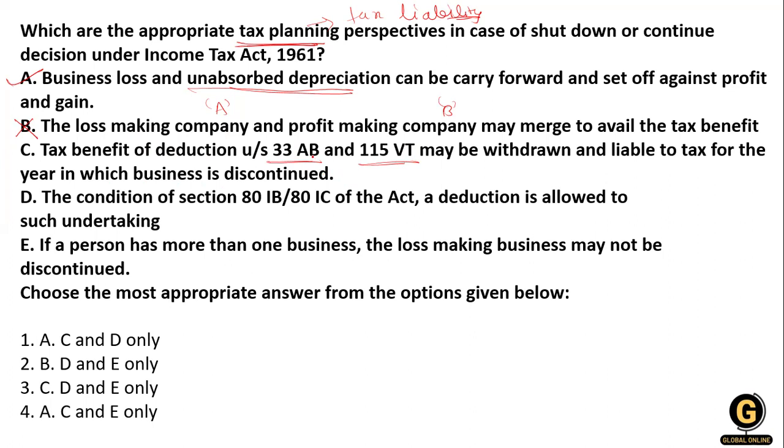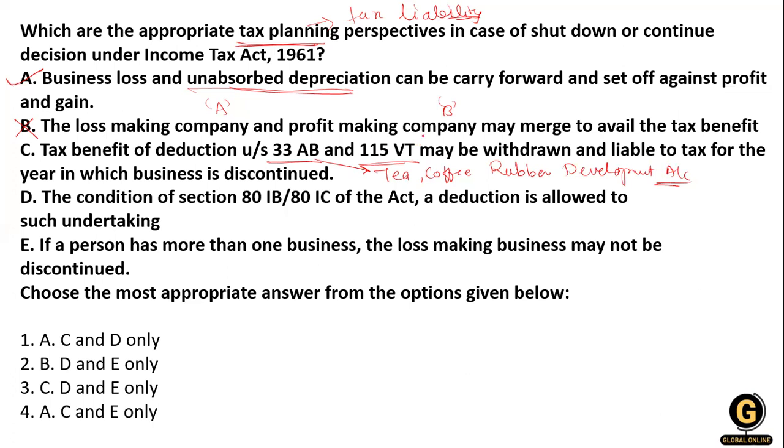Section 33AB deduction is available for the tea, coffee, rubber development account.